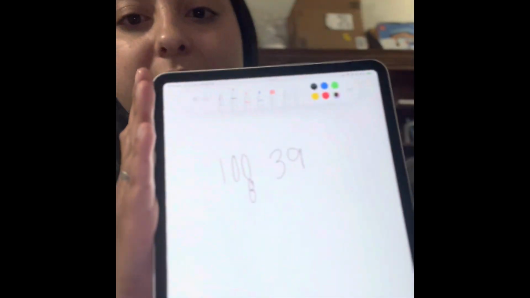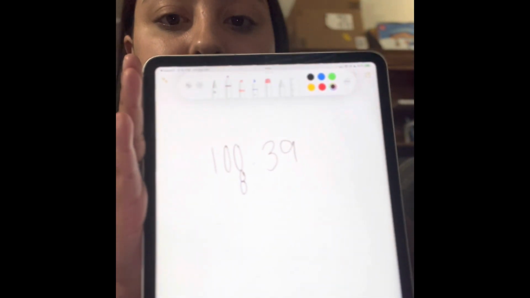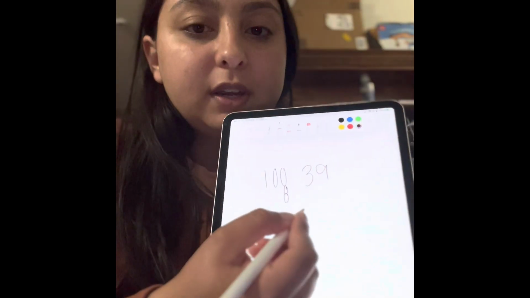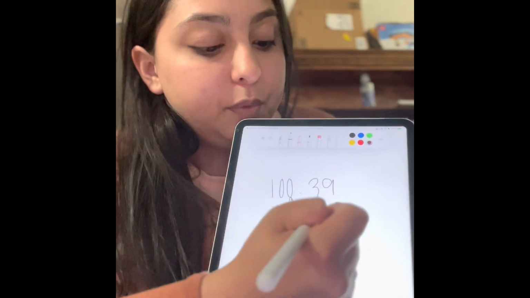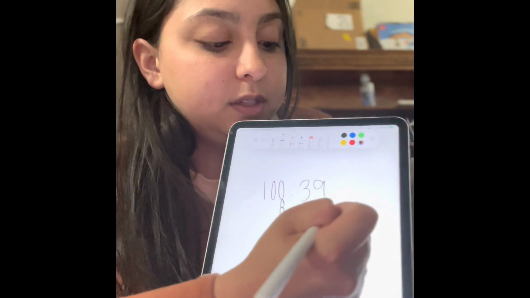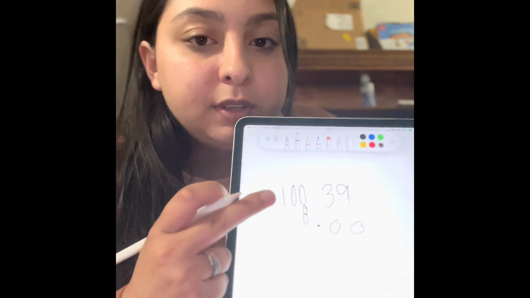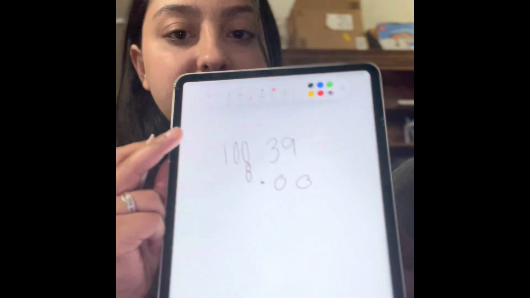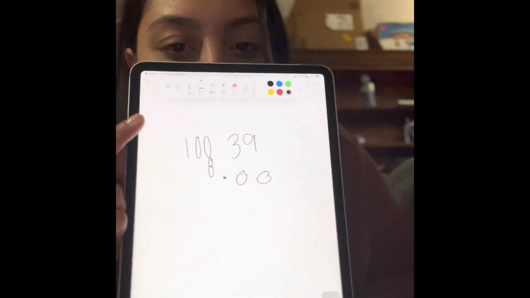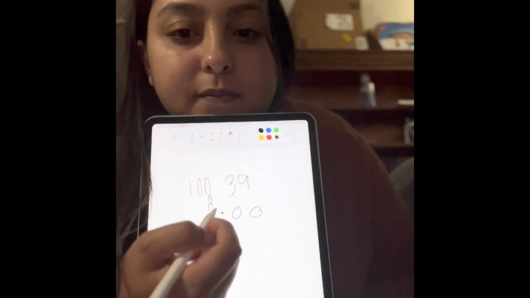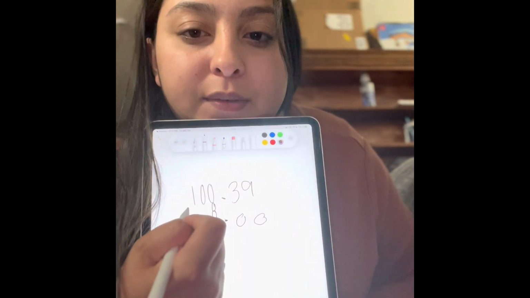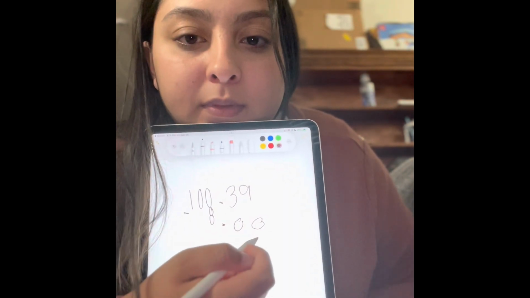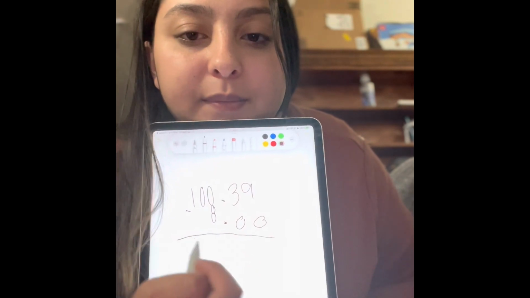So we're going to line up the 8 with the last zero of 100, and we're going to make sure that we put a decimal after that 8, and we need 2 placeholders, so we need 2 zeros. So 139 hundredths minus 8. Let me make sure that's lined up. Okay, make sure you have your subtraction. So let's come down here.